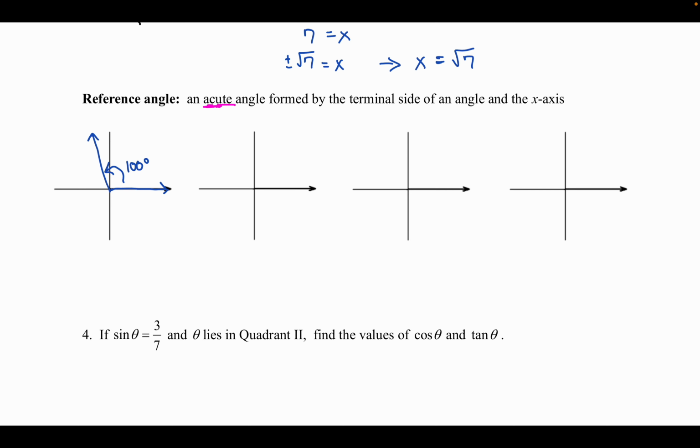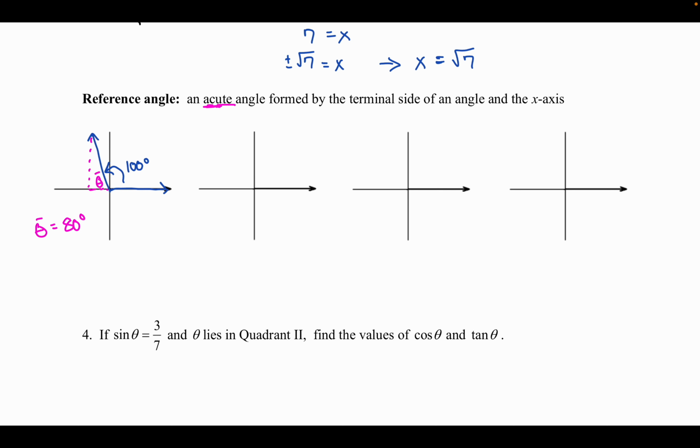The reference angle, by this definition, is the acute angle formed by the terminal side of an angle and the x-axis. So you always form it by dropping down to the x-axis. It is this angle, and we denote it with theta with a bar over it. Here my reference angle is equal to 80 degrees, 180 minus 100.